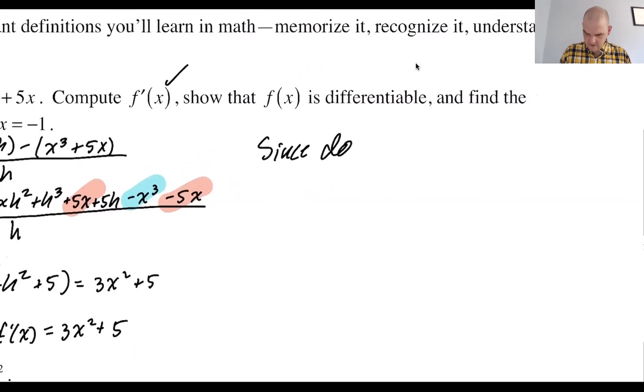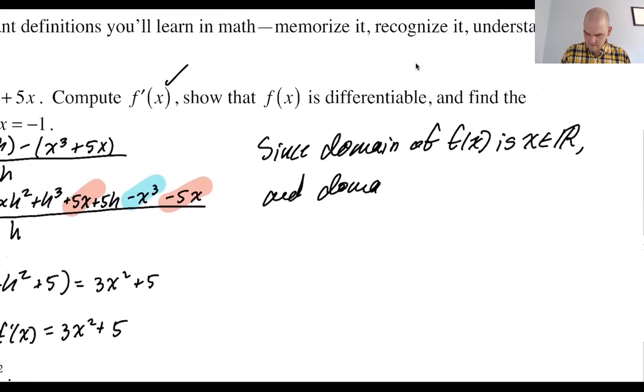Since the domain of f of x is all reals, so x is an element of the reals, and the domain of f prime of x is also the reals.